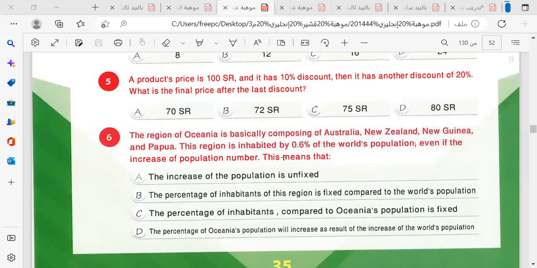The region inhabited 0.6% of the world population. Even if the population number is increasing, this means the percentage of this region is fixed compared to the world. Oh, because it says that it's all fixed.